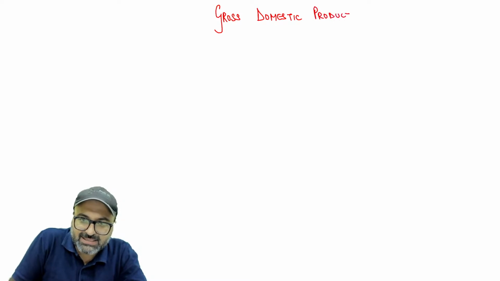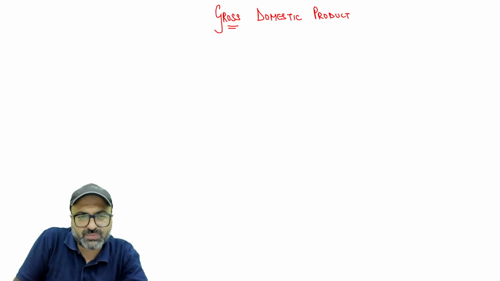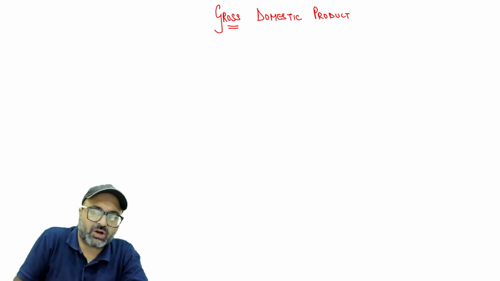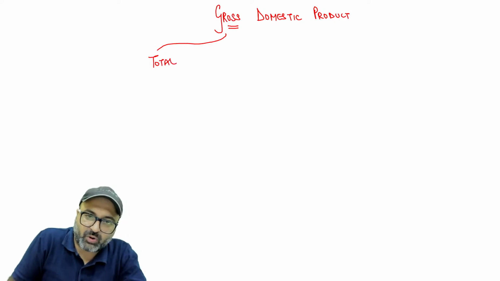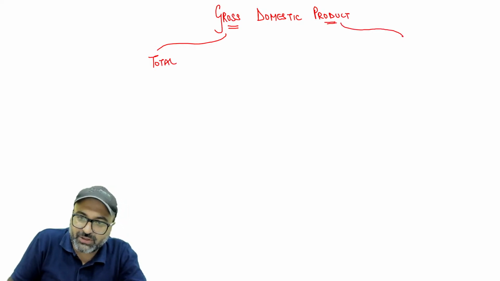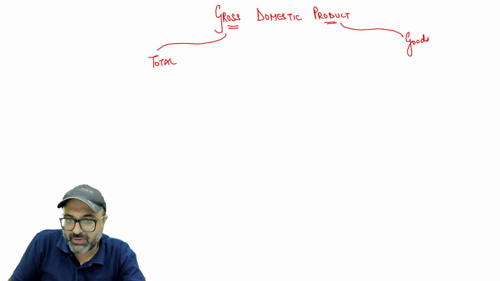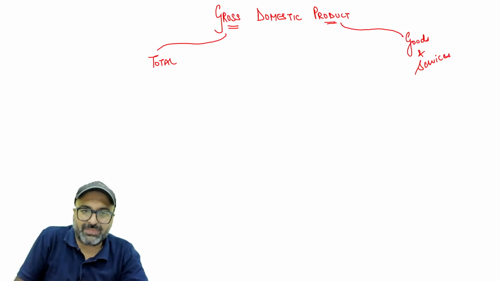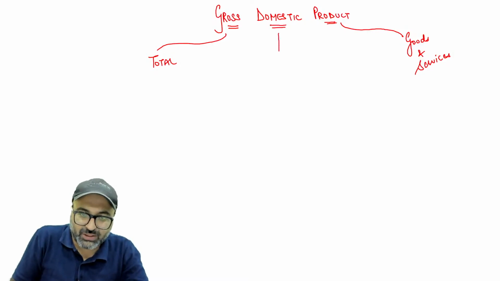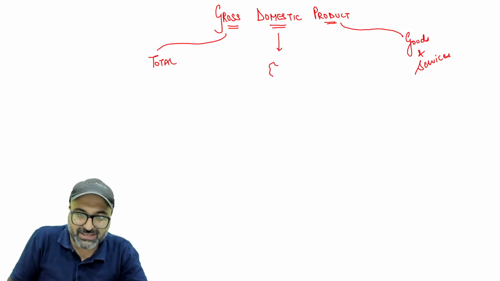So see, as the name suggests, the word gross basically means total, and the word product basically means goods as well as services. And the word domestic basically refers to the boundaries which I just discussed with you.